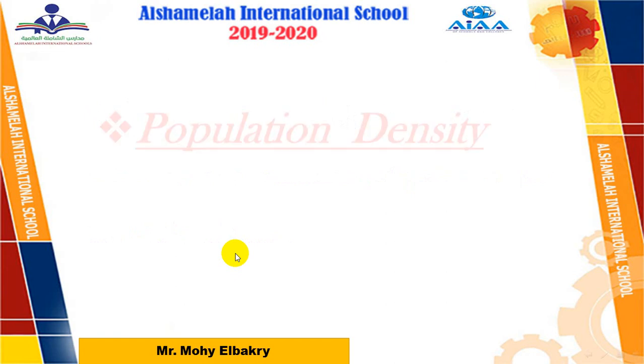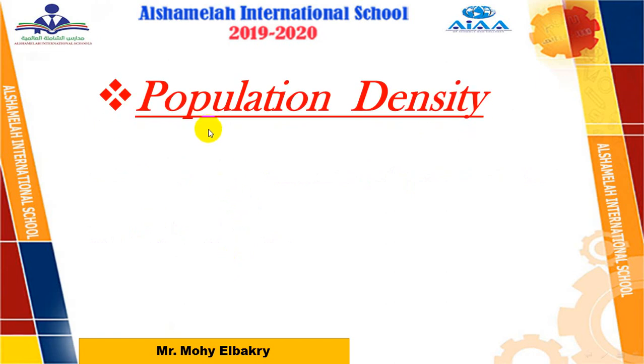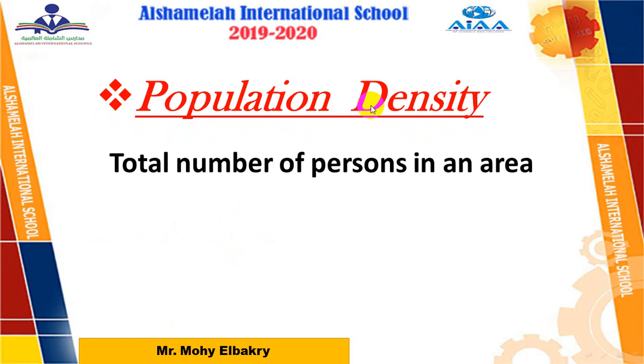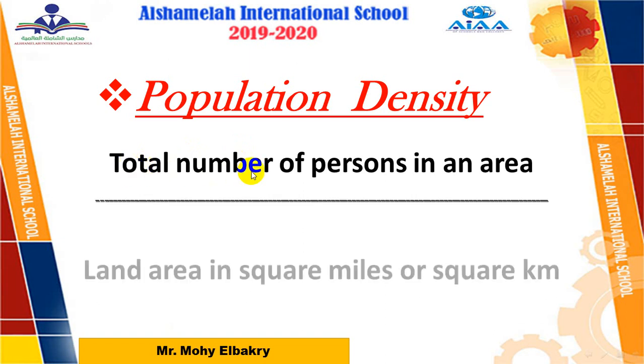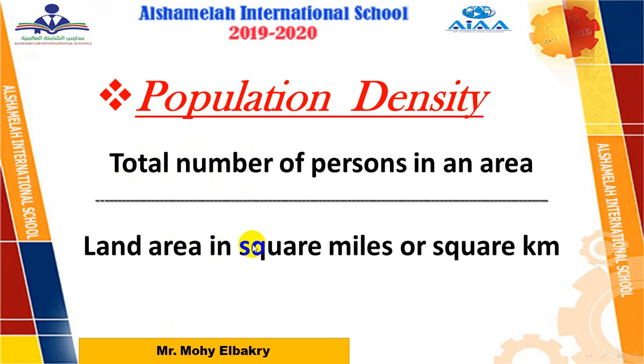Let's move to what is population density? Or in other words, how can we calculate population density? It's very easy. In order to calculate population density, first we divide the total number of persons in an area by land area in square miles or square kilometers.